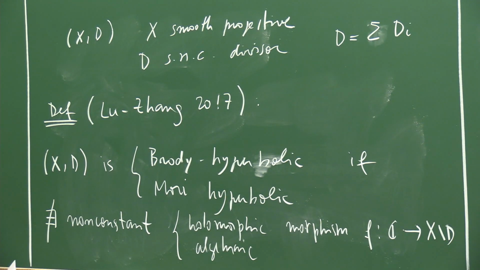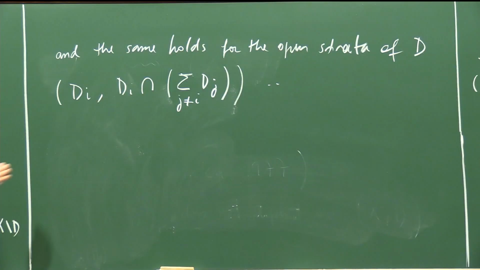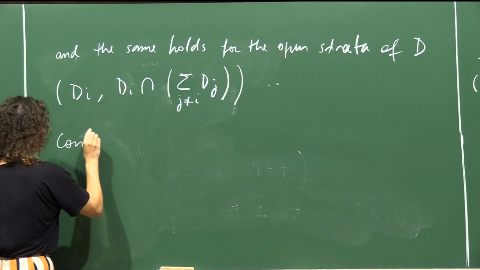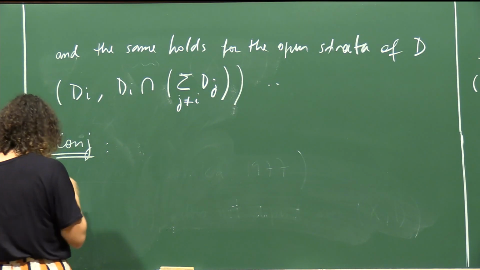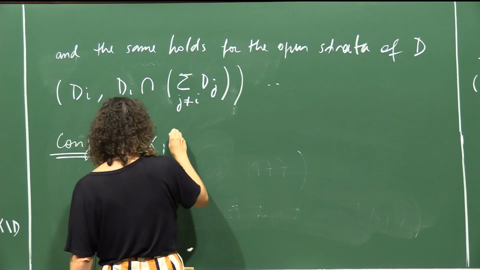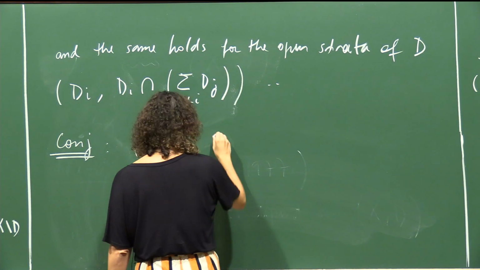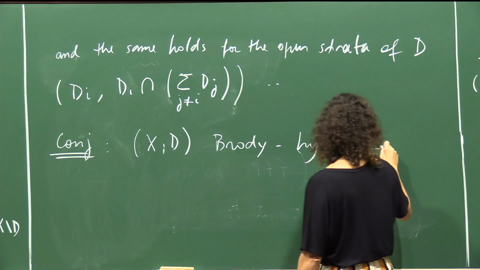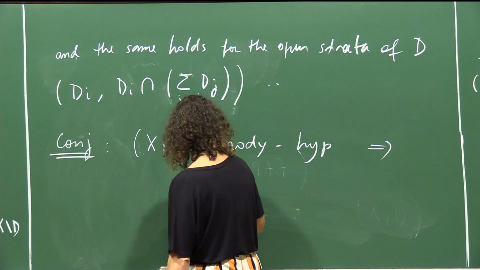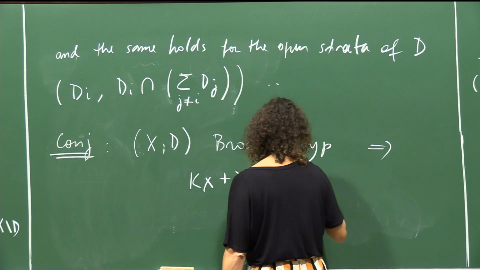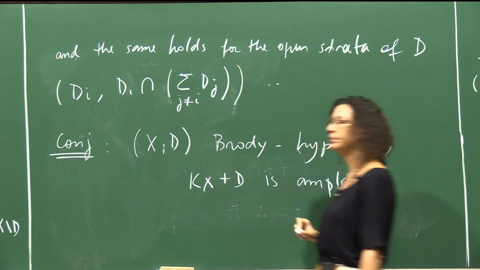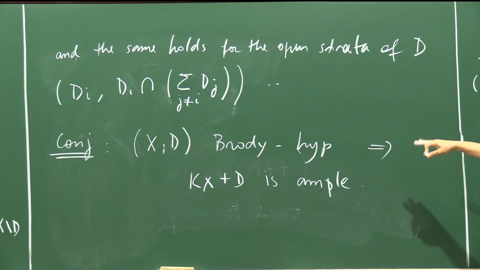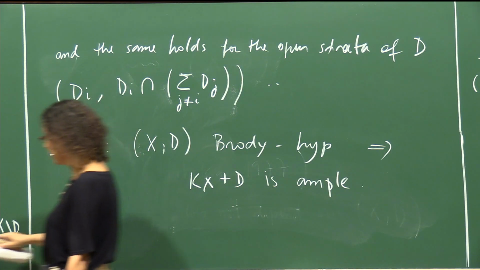And here, again, there are some results and conjectures. Let me start with a conjecture, which is known under some assumptions: if a pair (X, D) is Brody hyperbolic, then K_X plus D is ample. As far as I know, the general case is still open.